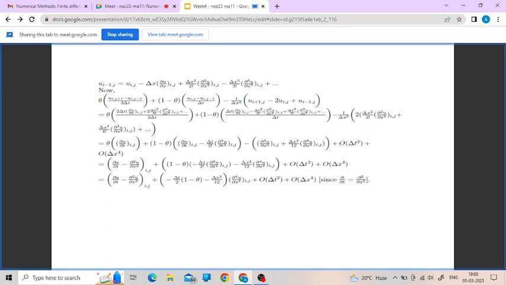C is u i comma j plus 1 equals 1 upon 16 into 30 u i comma j plus 5 u i minus 1 comma j minus 3 u i plus 1 comma j. D is u i comma j plus 1 equals 30 u i comma j plus 5 u i minus 1 comma j minus 3 u i plus 1 comma j. So apply the Lax-Wendroff scheme's formula at given C and R. See what you are getting.